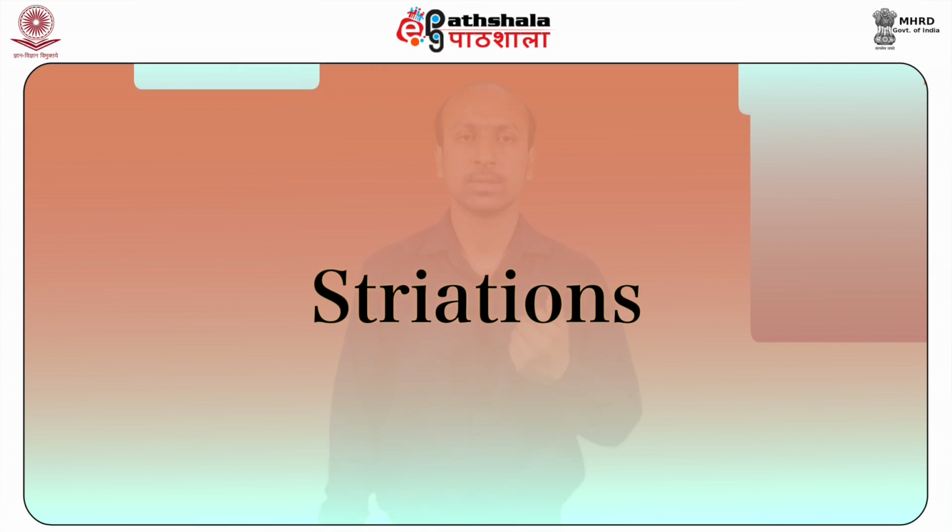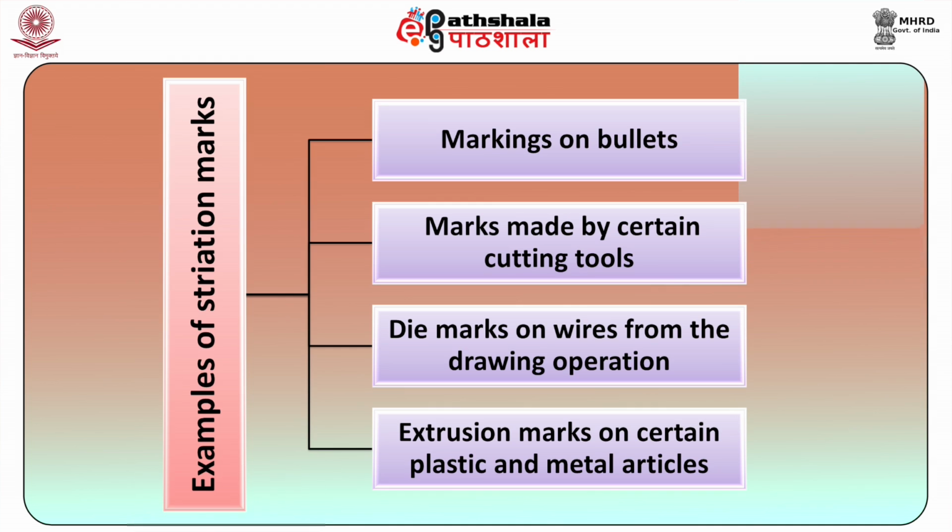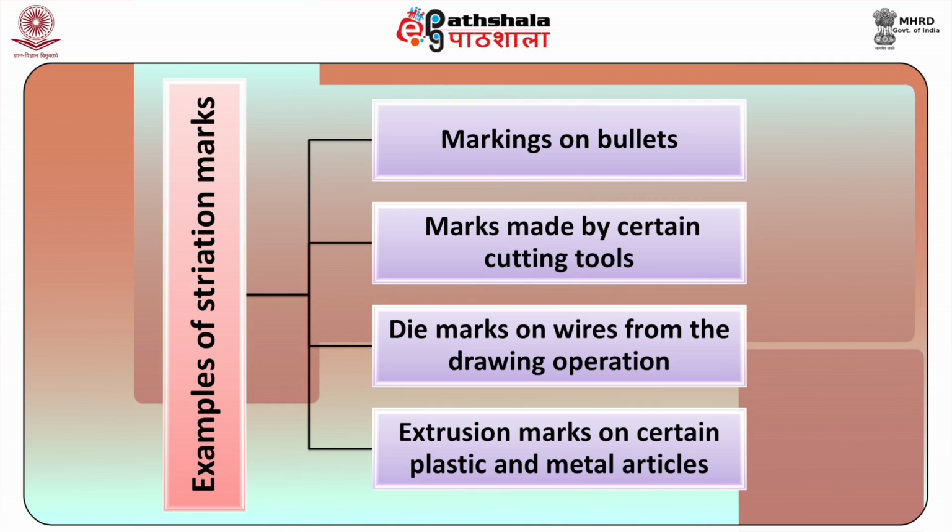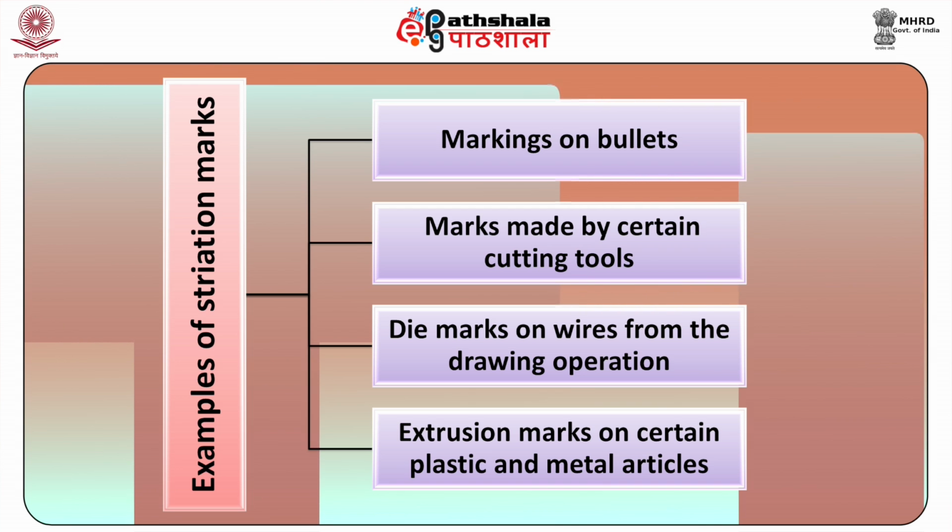Now, striations. Striations, another type of tool mark, are produced when two surfaces come into sliding contact with each other. The marks resulting from a dynamic process are striations, in contrast to the static process, which results in the production of imprints and indentations. Striation marks consist of numerous lines separated by grooves, randomly spaced parallel streaks of varying length and width.